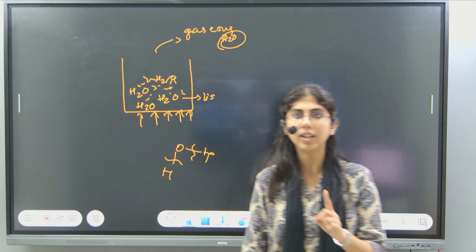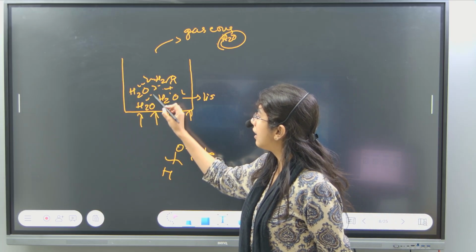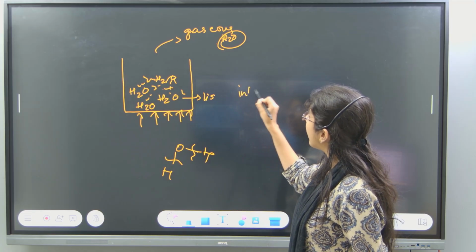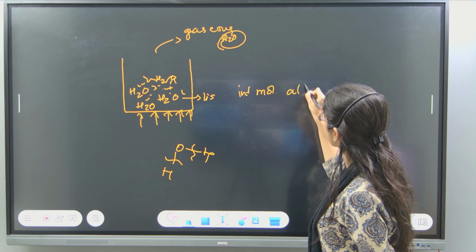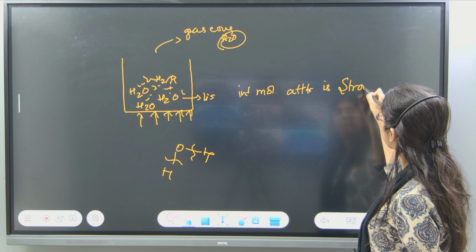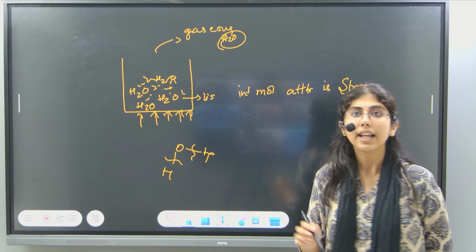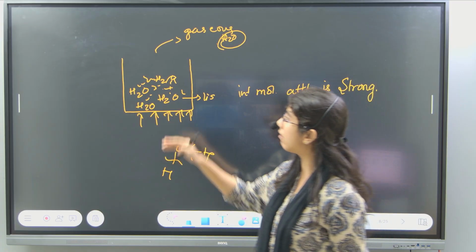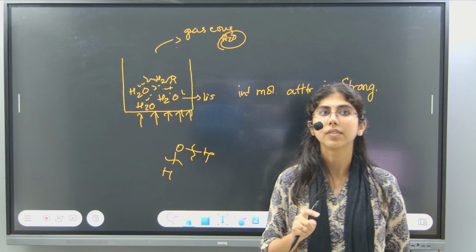Now, if the intermolecular attraction is strong, then is it easy to convert liquid to vapor?